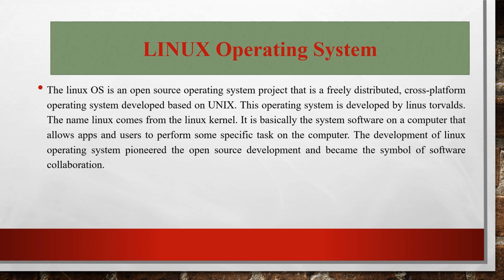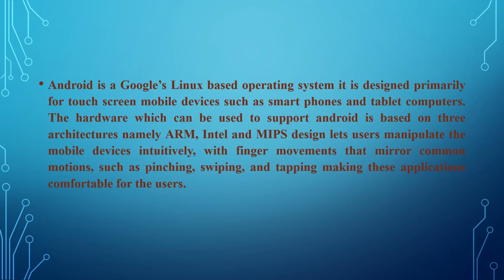It is basically the system software of a computer that allows apps and users to perform some specific tasks on the computer. The development of the Linux operating system pioneered open source development and became the symbol of software collaboration.